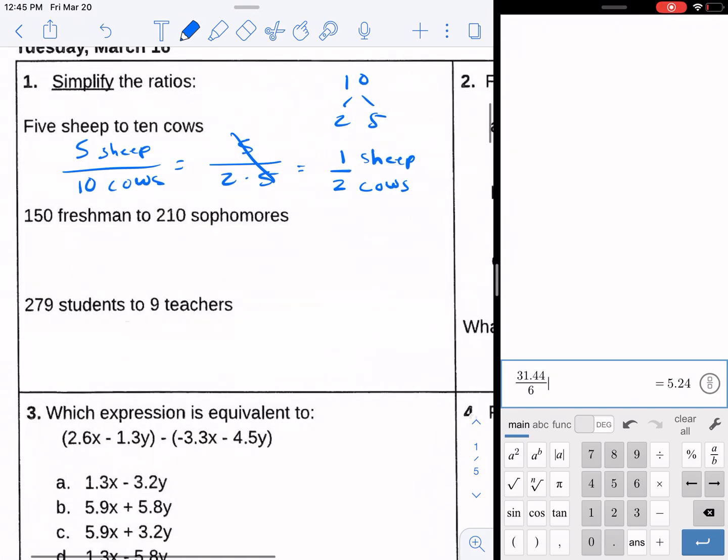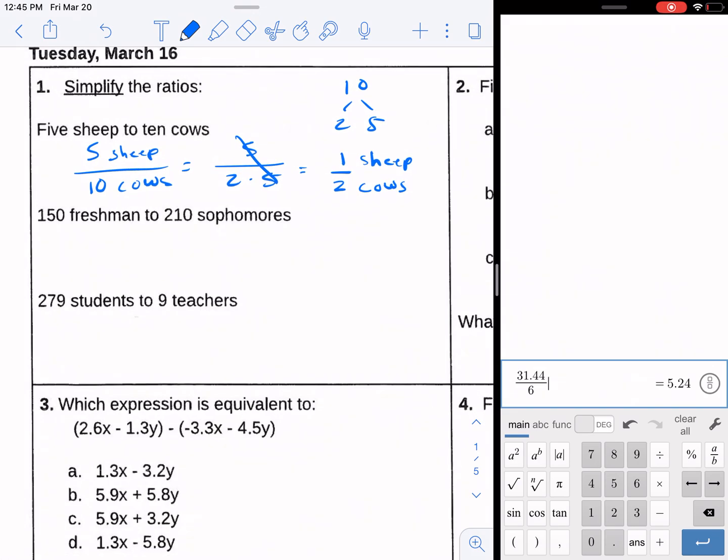Okay, 150 freshmen to 210 sophomores. Well, we got 150 freshmen. And that's for every 210 sophomores. Okay, I'm going to decompose because these numbers are pretty big.